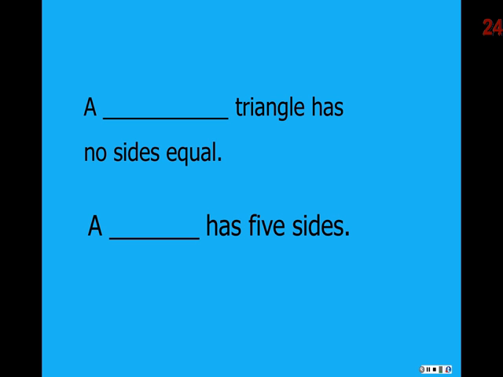I'm laughing because I don't want to cry. Scalene. Oh my gosh. Scalene triangles have no equal sides, no equal angles, and do not have any lines of symmetry.